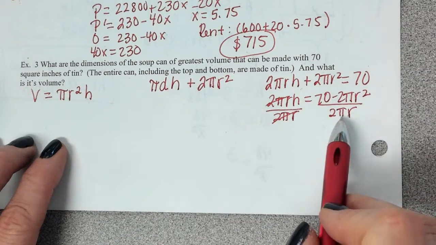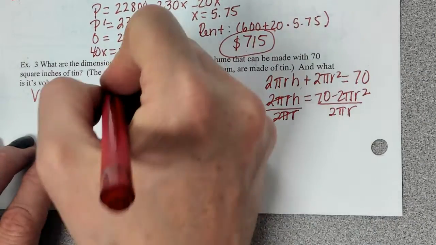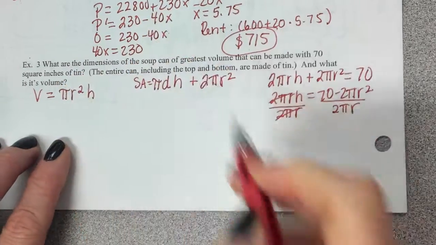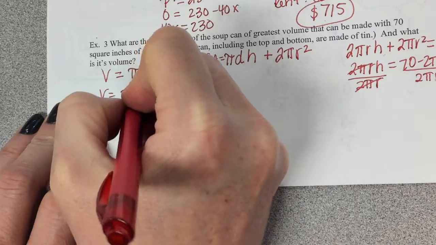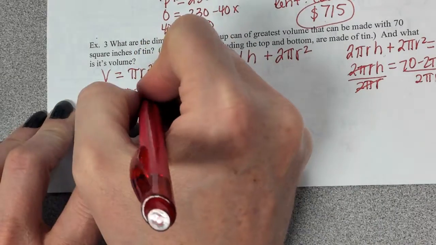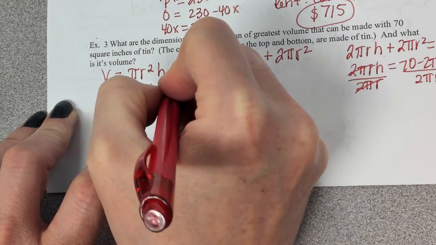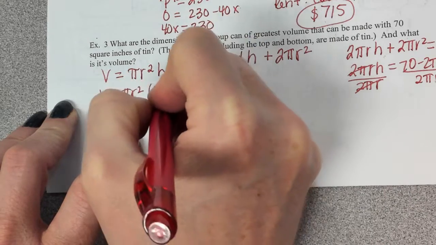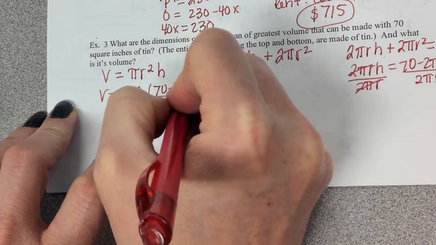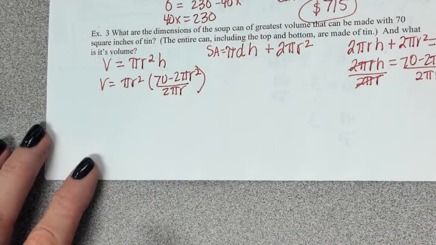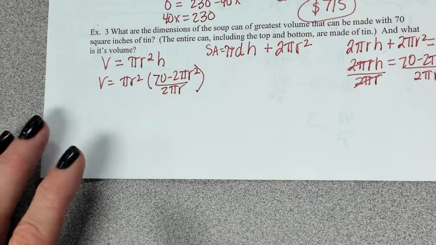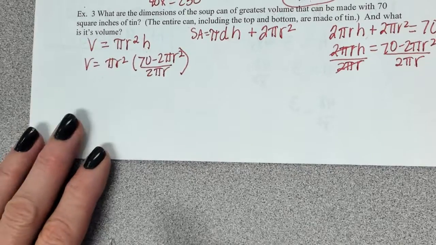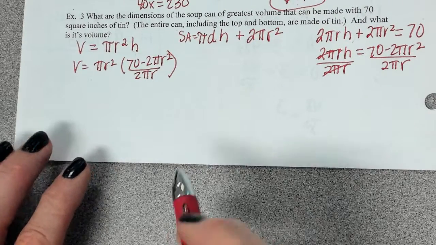So I have to take this and plug it into my volume formula. So I have V equals pi r squared times h, and h is 70 minus 2 pi r squared over 2 pi r. These are the tough ones. Remember how cones were the tough ones with related rates? Cylinders are pretty tough with optimization.